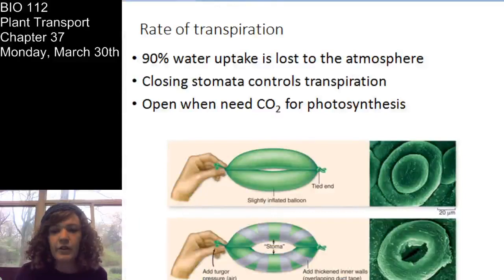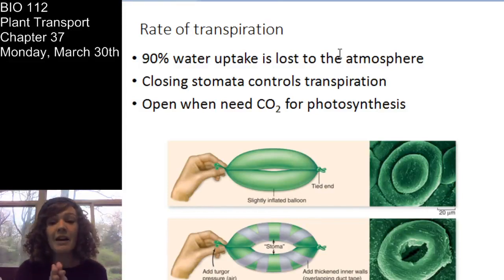So let's talk about transpiration rates. Most of the water taken up is lost to the atmosphere. That transpiration rate is controlled by the opening and closing of stomata, which is basically via the inflation or deflation of the guard cells around the stomata.